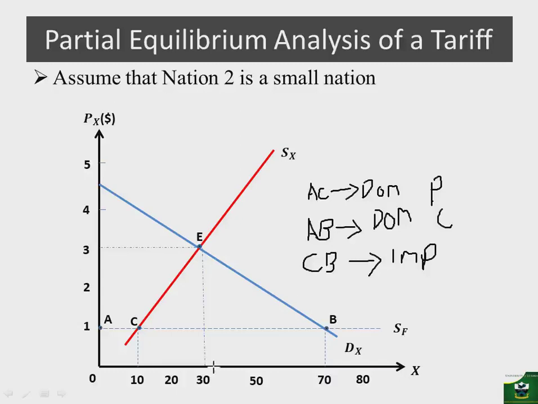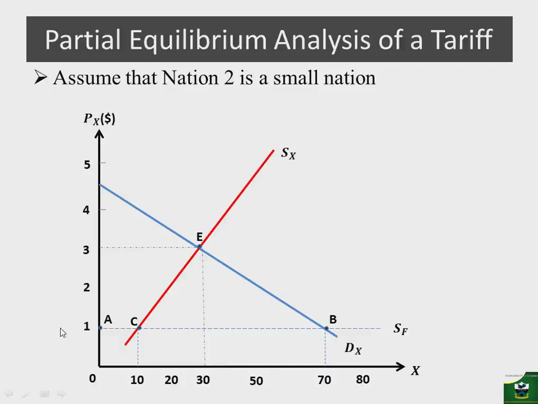Now let's assume that there is a 100% ad valorem tariff imposed on commodity X. If that is the case, then the tax will shift the supply function upwards all the way to 2.